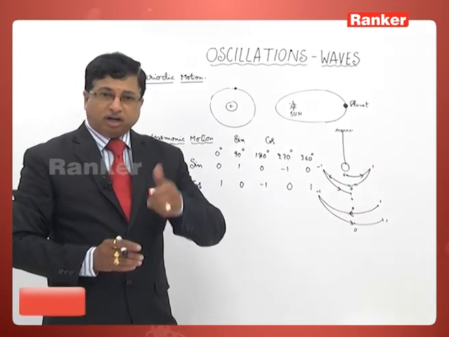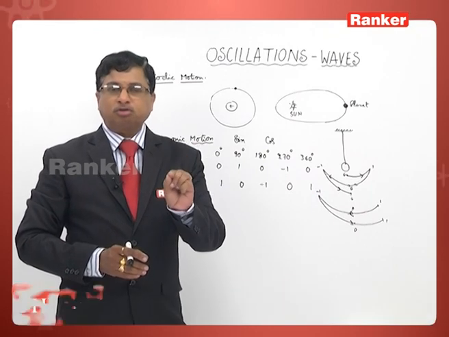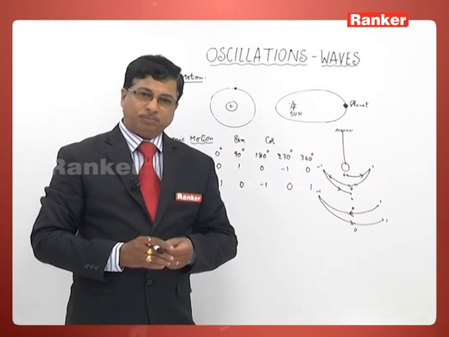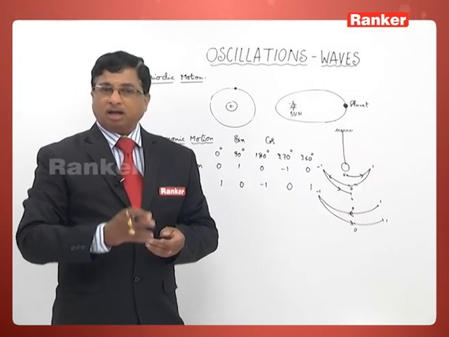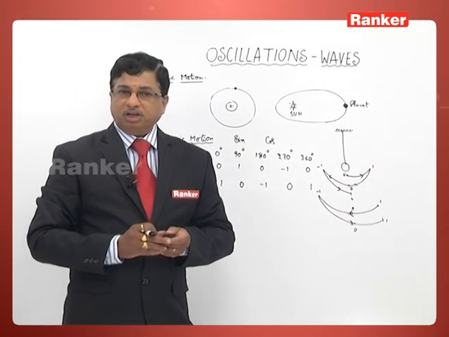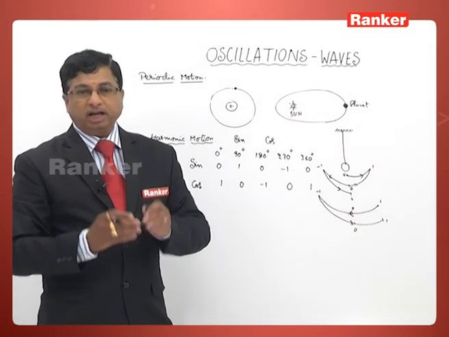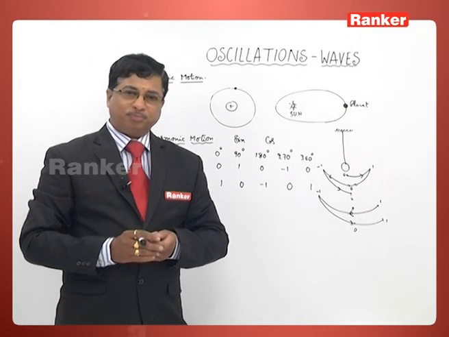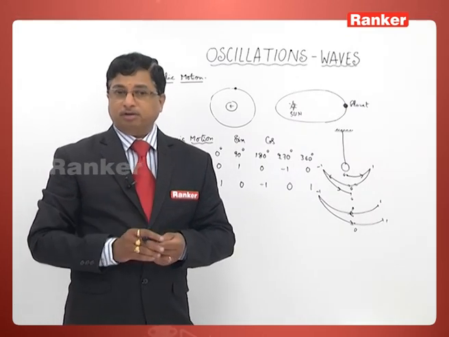And what is the second condition there? The directions of these two are supposed to be opposite to each other. That means once again I can repeat the same this way. The acceleration of the body, if it is directly proportional to its displacement, taken in the opposite direction, that is the second condition. What is the third condition?